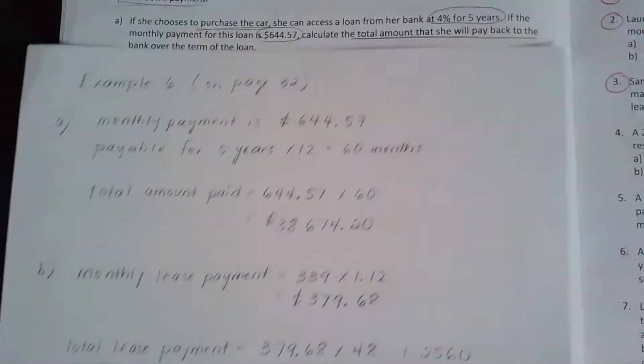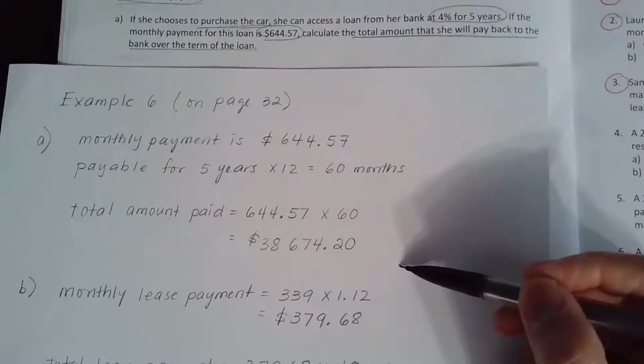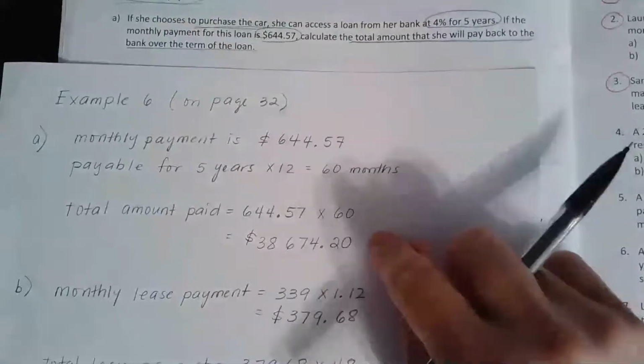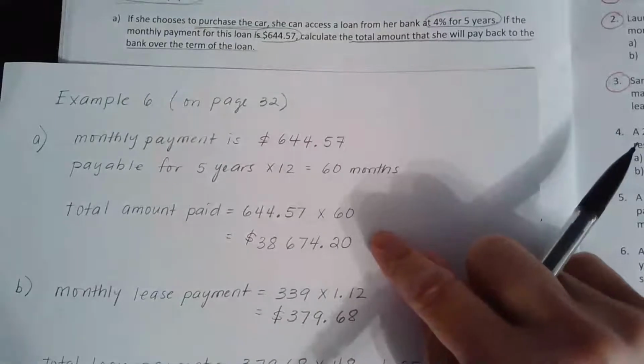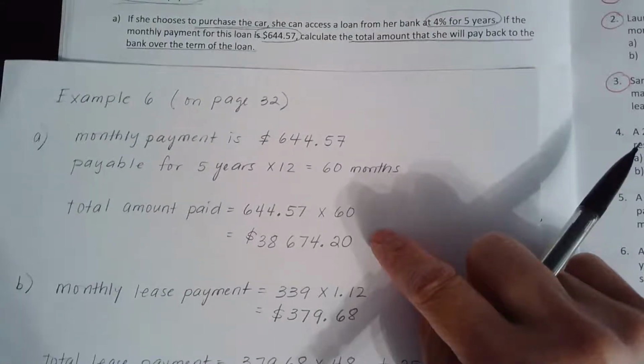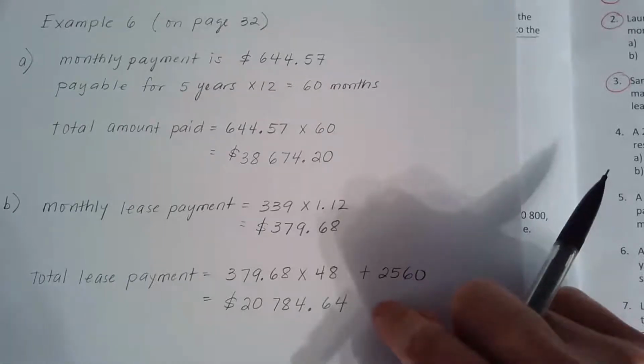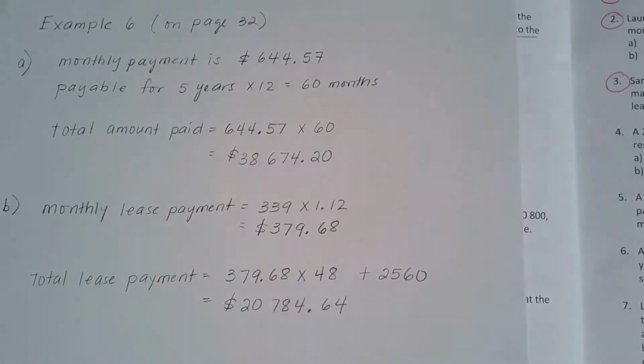If I were Magdalena and I were to buy it, the total amount that I'm going to pay is $38,674. If I lease it, it's going to be $20,784. It looks like maybe leasing is a great thing, right?